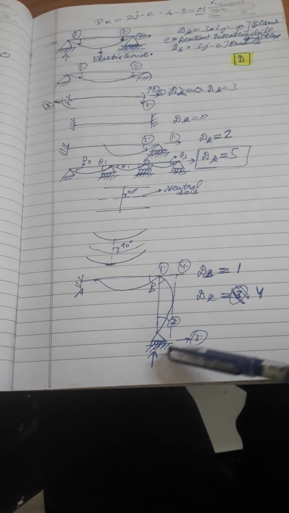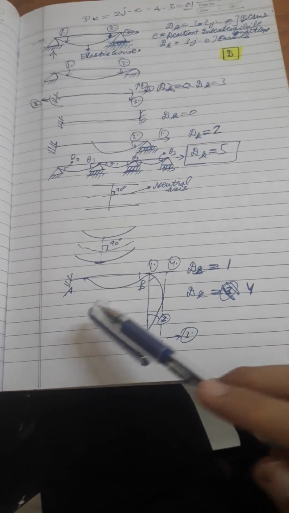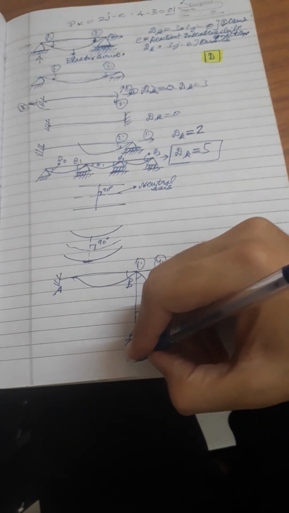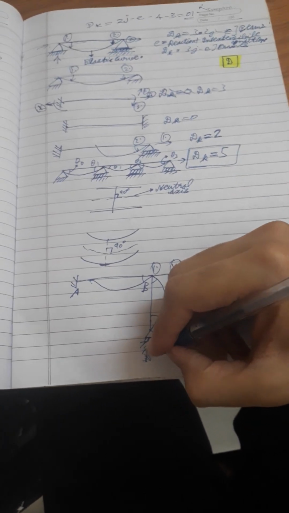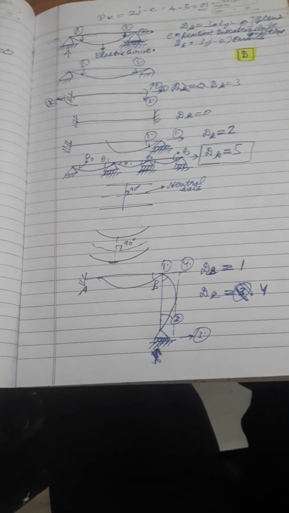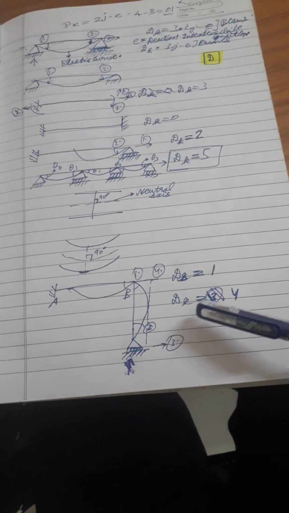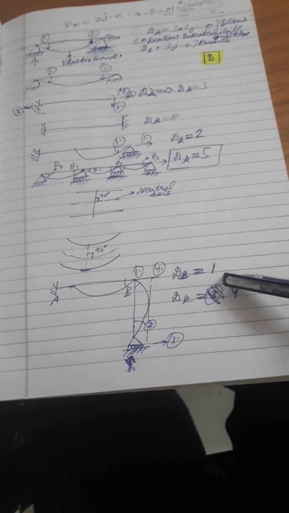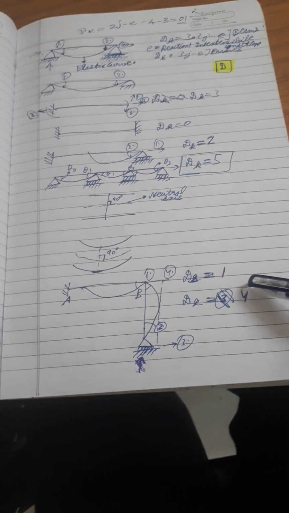Maybe there is no upward force here, it may be by mistake. A, B. Here dk is equal to 4, ds is equal to 4 minus 3 is equal to 1.